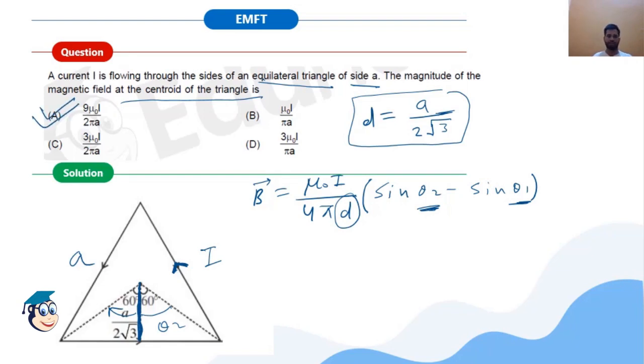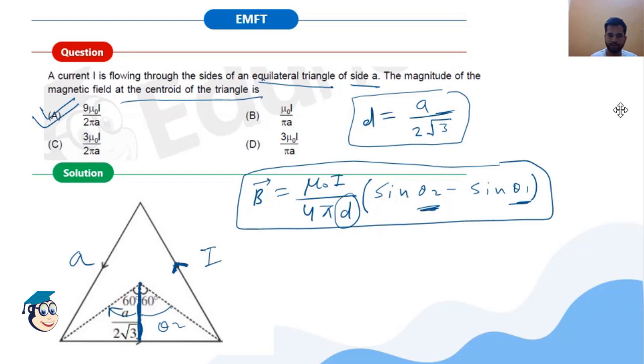equal to option A. So that was a very easy question, but you can easily solve this type of question using simple tricks. An important point here is that when you calculate this quantity, it would come out to be equal to 3 mu naught I over 2 pi a.